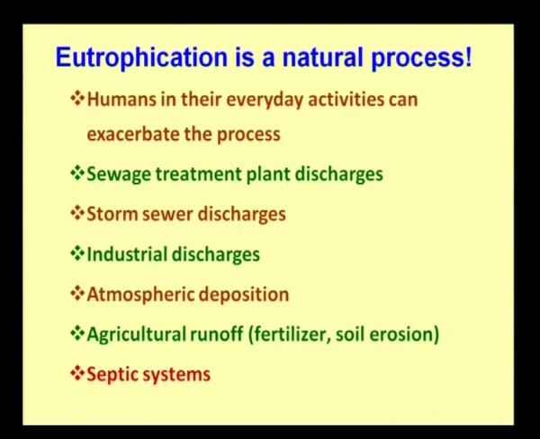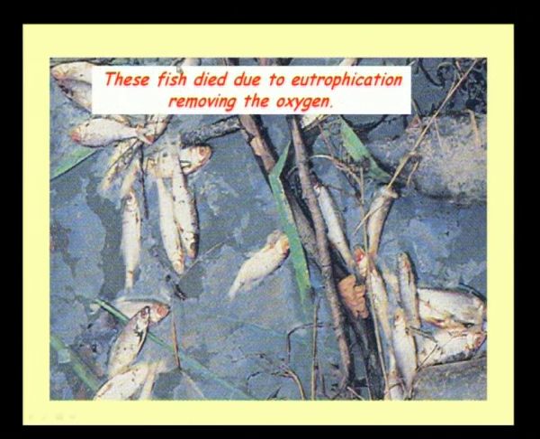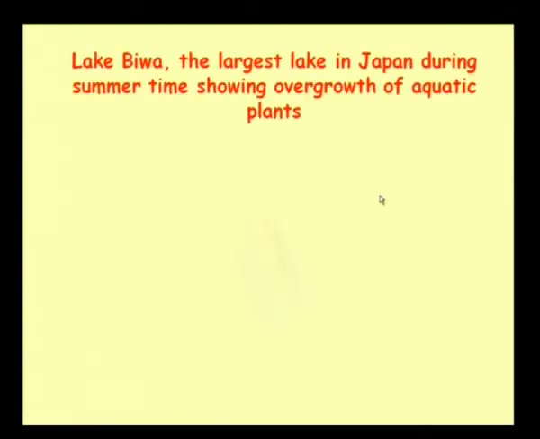So, some are natural and some are man-made, and the diagram is depicting the fish that died due to eutrophication because it has removed all the oxygen, and therefore, the fishes are dying in large numbers.